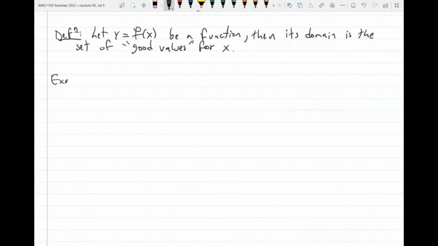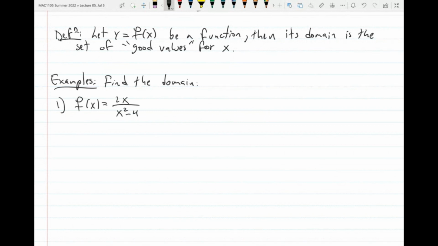So, examples. Find the domain. Let's see, let's do f of x equals 2x over x squared minus 4.